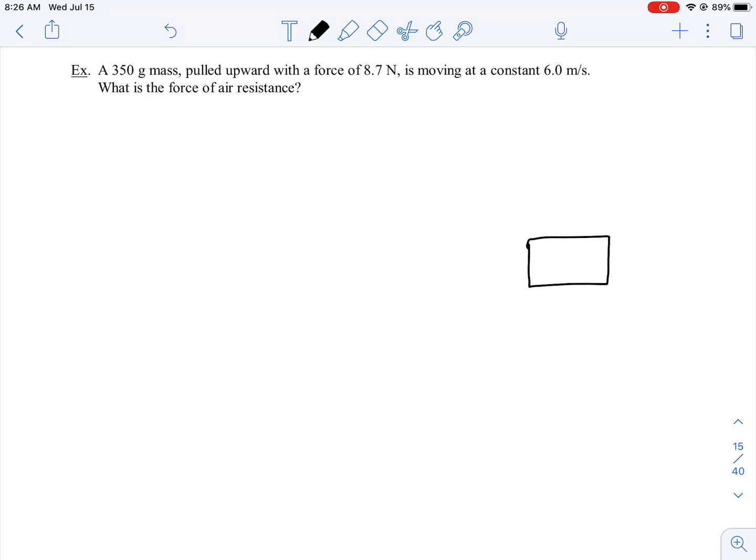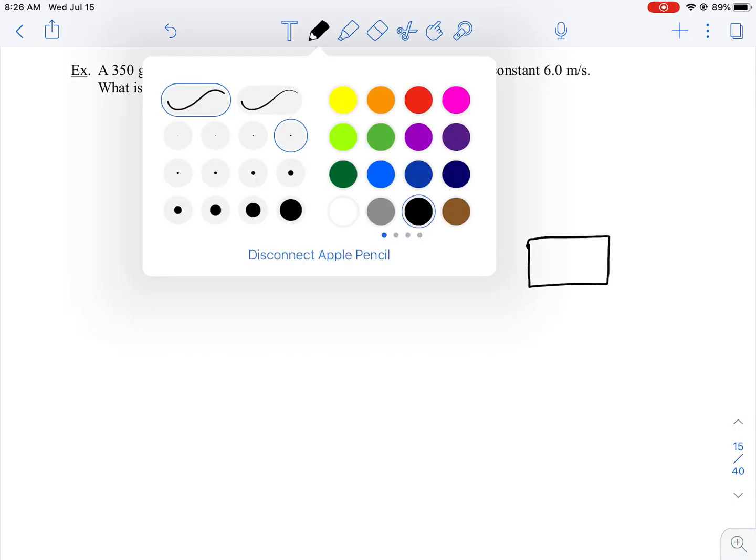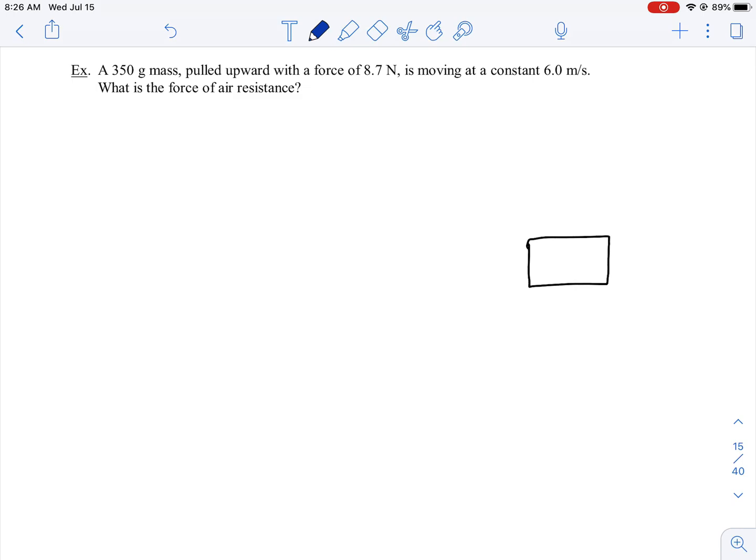It's being pulled up with a force of 8.7 newtons. So this force going upward, we'll just call it F, is 8.7 newtons. And it's moving upward at a constant 6 meters per second. So I'll put that on the side here somewhere, that the velocity is going upward. Don't draw it as a solid arrow, dotted arrow on the side, like away from the diagram.